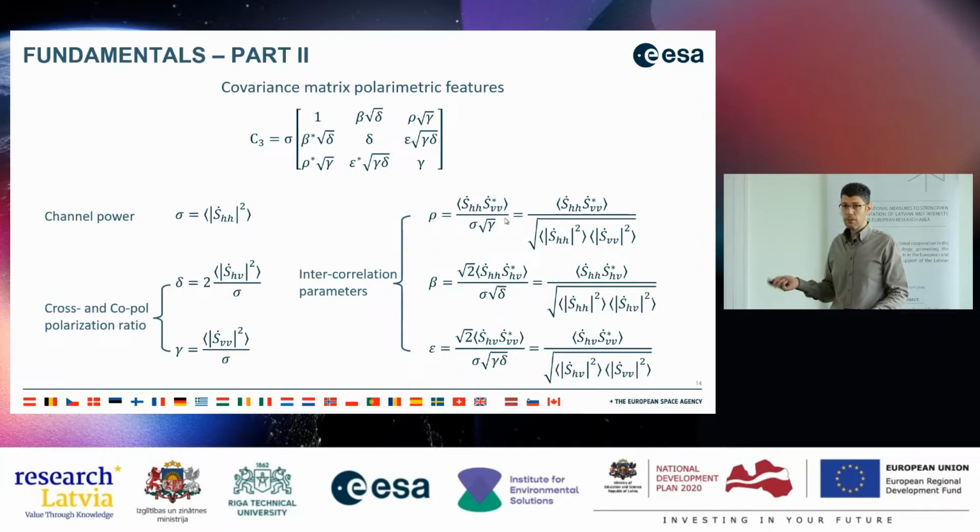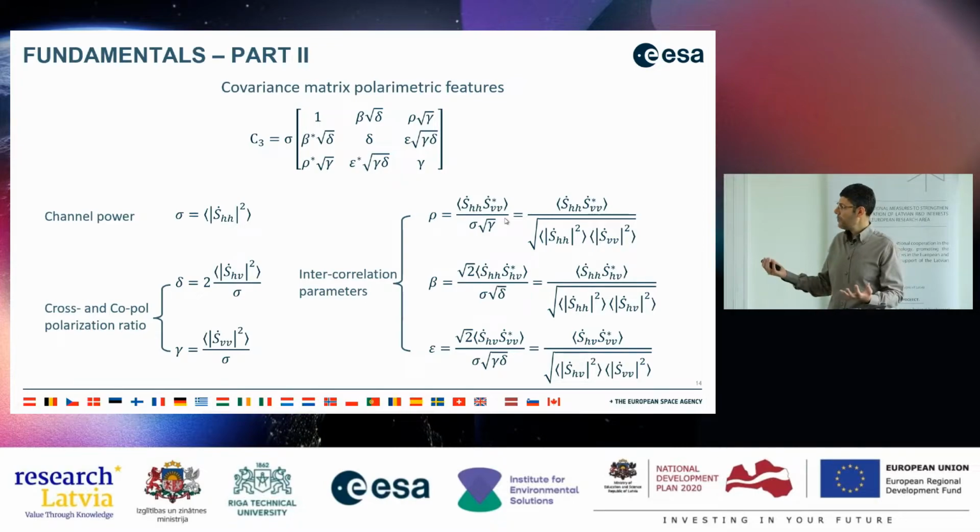And then you have the interchannel correlation parameters, which, for example, rho should be familiar to you from yesterday's lecture, because in interferometry you also used coherence. In that case, you have two complex images acquired at different times, and you have coherence.